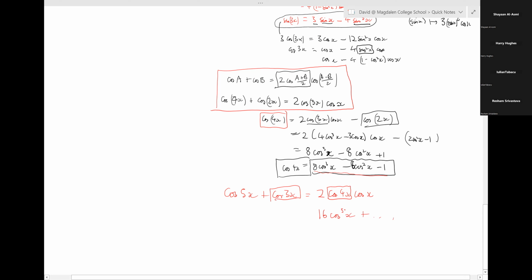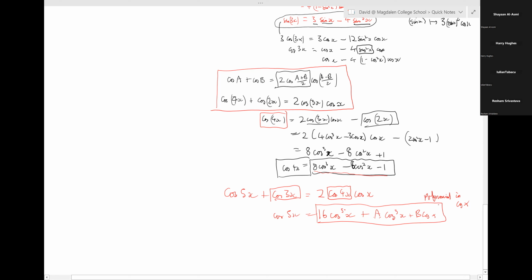I would then subtract my expression for cos 3x, which is a polynomial in cos. So what I end up with is a polynomial in cos x. So cos 5x is 16 cos^5 x, and then some coefficient of cos cubed x, and then some coefficient of cos x, and you just get odd powers.